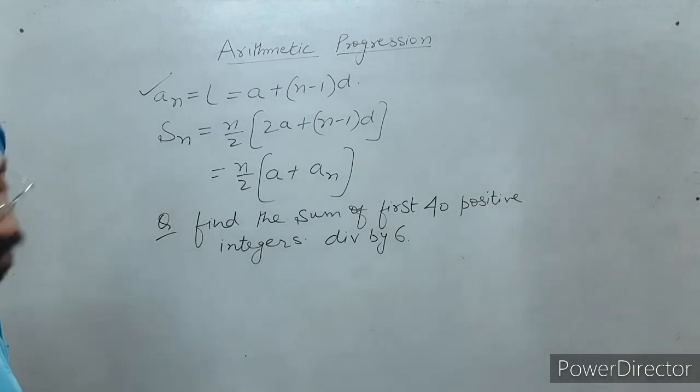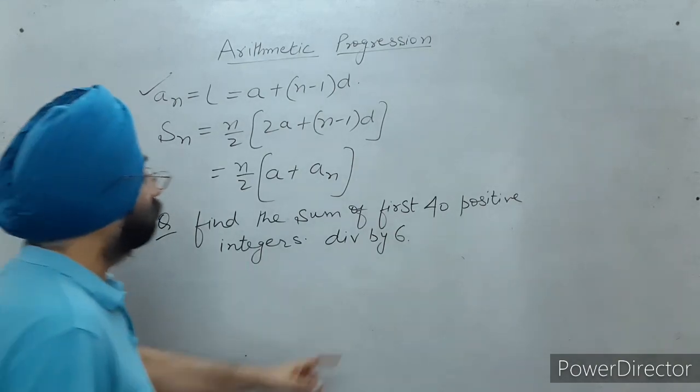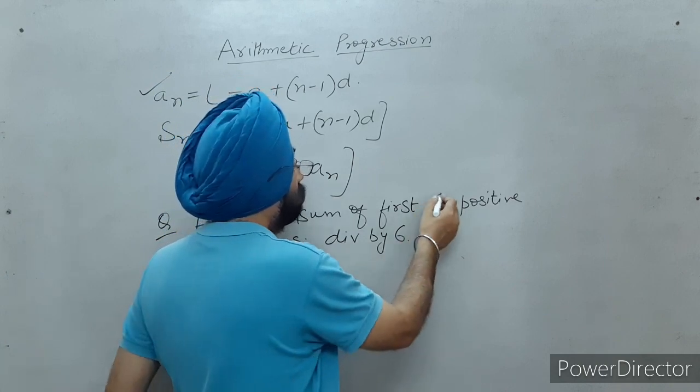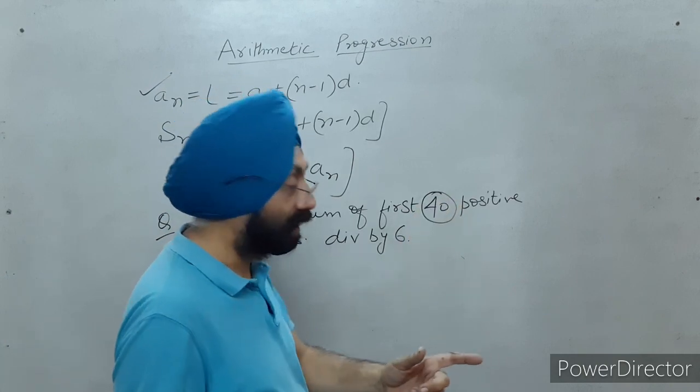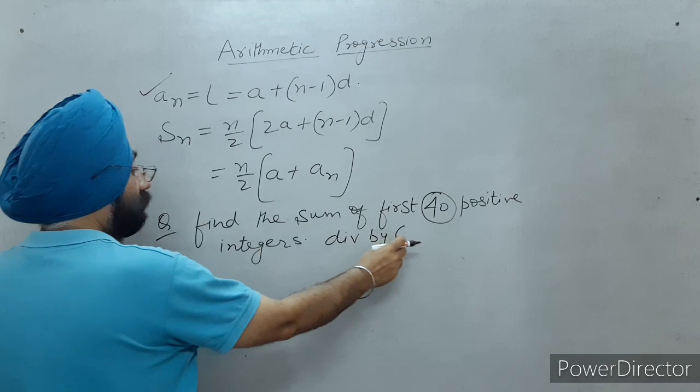Now what I need, find the sum of first 40 positive integers which are divisible by 6. Number given is 40, divisible by 6.